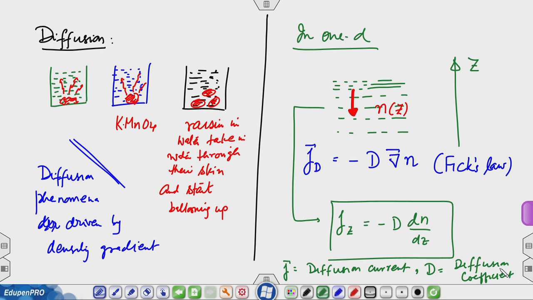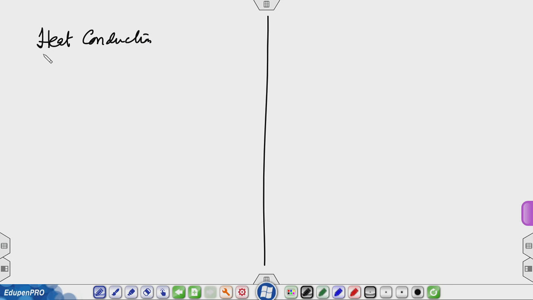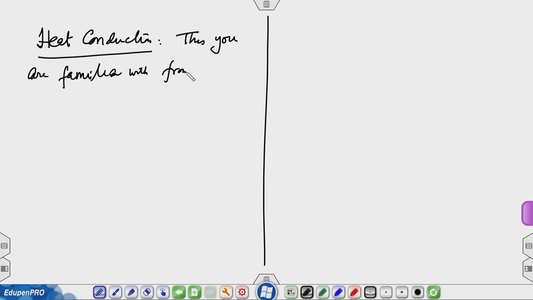Similarly, if you talk about heat conduction, this you are familiar with from your 12th grade.